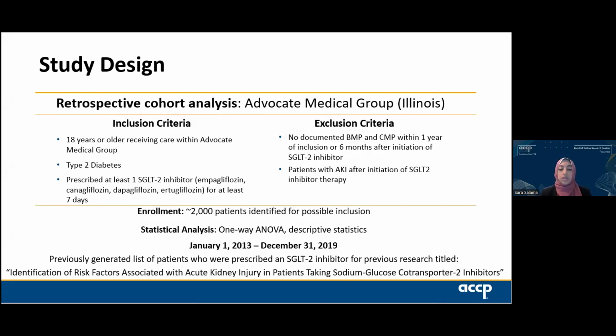Roughly 2,000 patients were identified for possible enrollment and inclusion between January 2013 and December 2019, relying primarily on a patient list generated from our former institution's research study that looked at risk factors for development of AKI with these agents. As it relates to our statistical analysis, we performed a one-way ANOVA for preliminary results, as well as descriptive statistics to describe our findings.